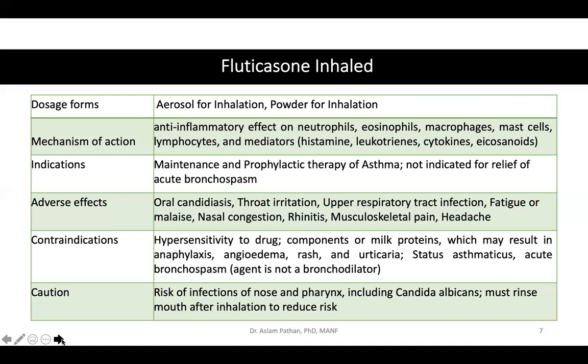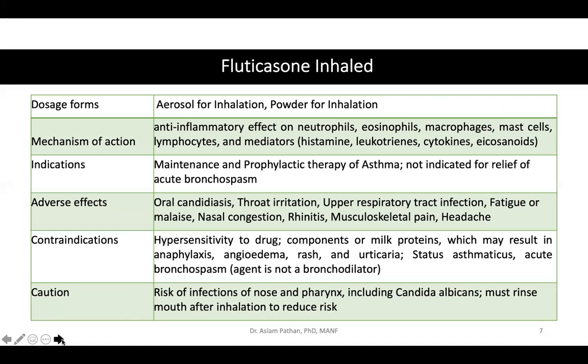Contraindications include hypersensitivity to the drug, components or milk protein, which may result in anaphylaxis, angioedema, rash, and urticaria. It's very important.